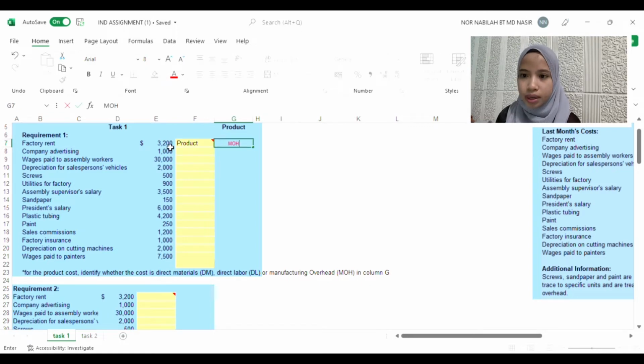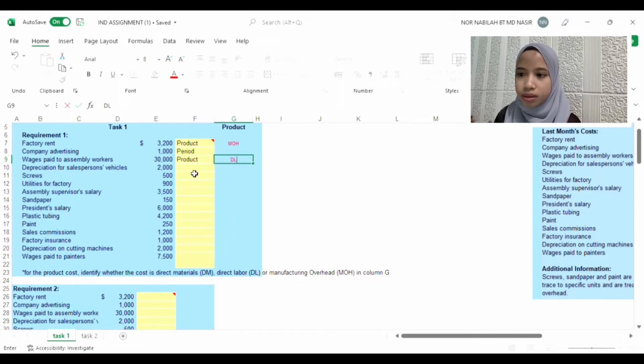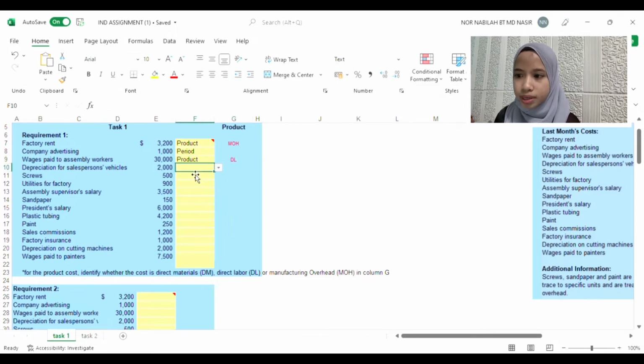So task 1: factory rent is product cost, manufacturing overhead. Company advertising is period cost. Wages paid to assembly workers is product cost, direct labor. Depreciation for salesperson vehicles is period cost.